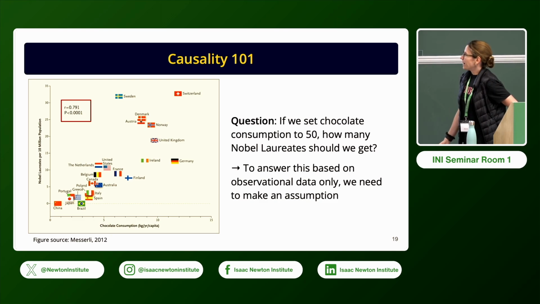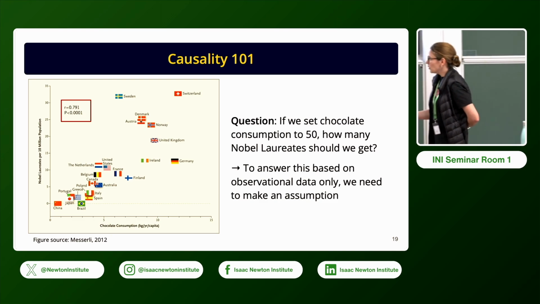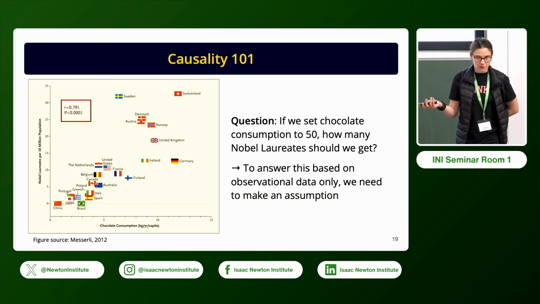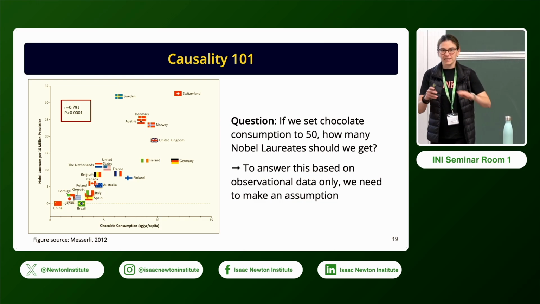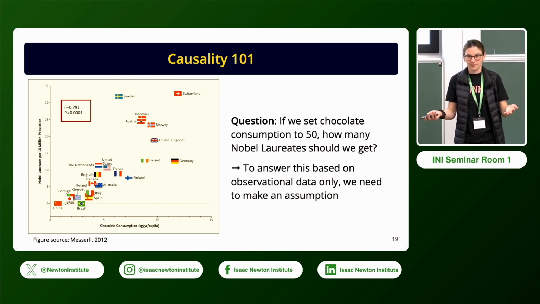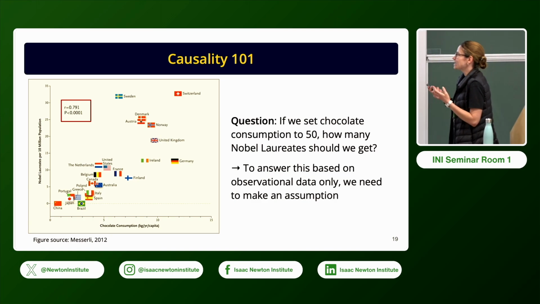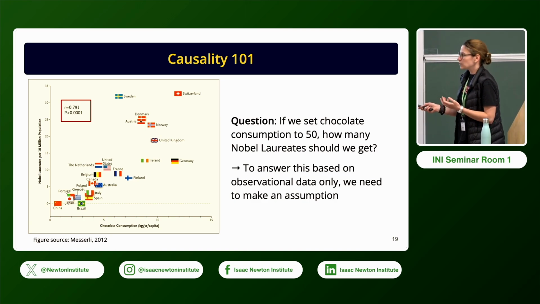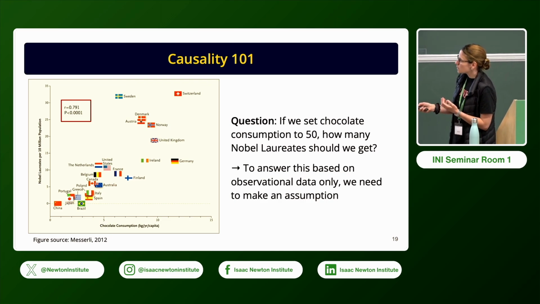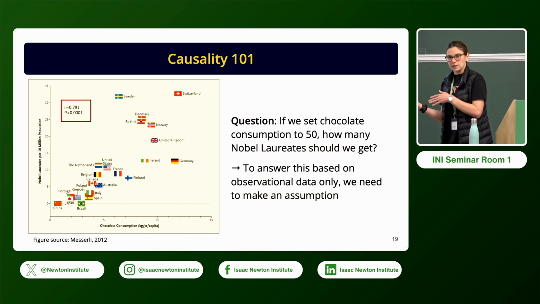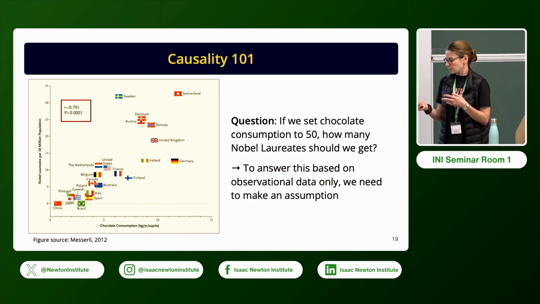And to answer this question, you have to make a causal assumption. I mean, you can say, I can't answer this question, which is also a valid answer, I guess. But if you were to give a prediction, you kind of have to make a statement. Does chocolate consumption cause an increase in Nobel laureates? Do Nobel laureates cause you to consume more chocolate? Or is there something else?